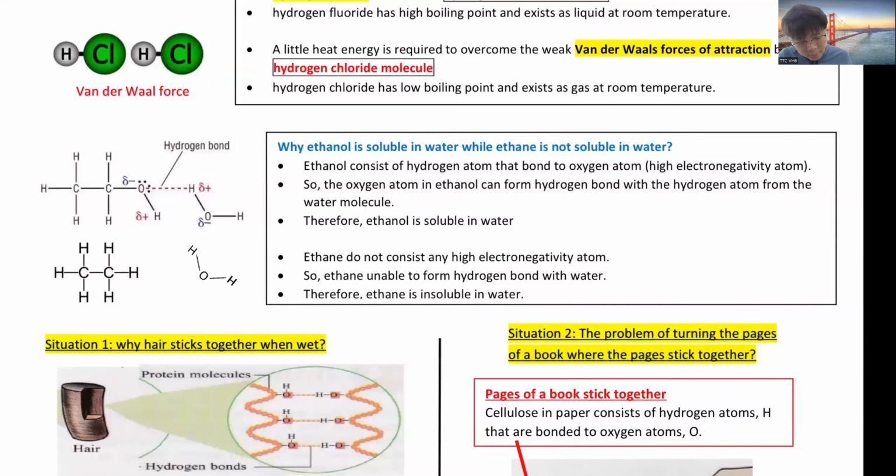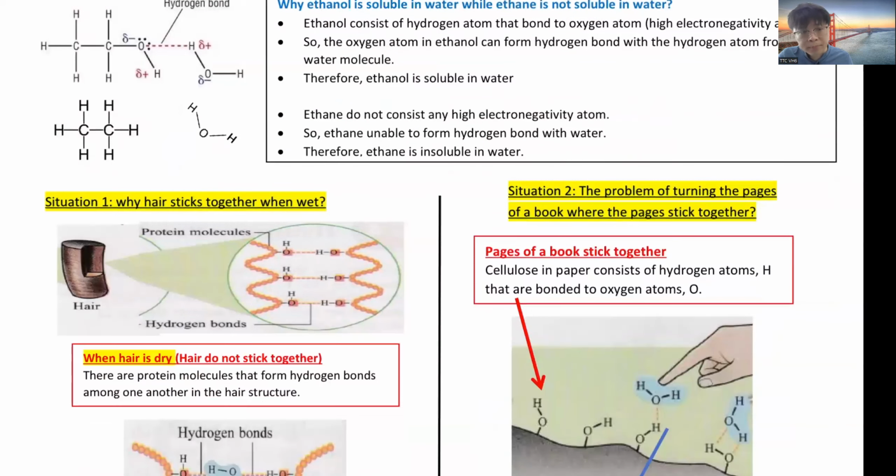Ethanol contains H connected to O, so there will be hydrogen bond formed between the ethanol and the water molecule. So ethanol is soluble in water. Ethane, you don't have any high electronegativity, don't have FON, so it is unable to form hydrogen bond with water, so it cannot dissolve in water. As usual, covalent molecules are not soluble in water.